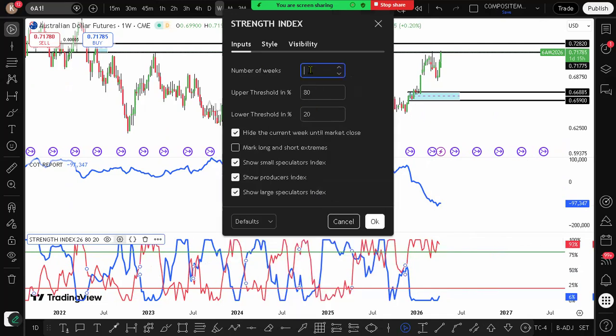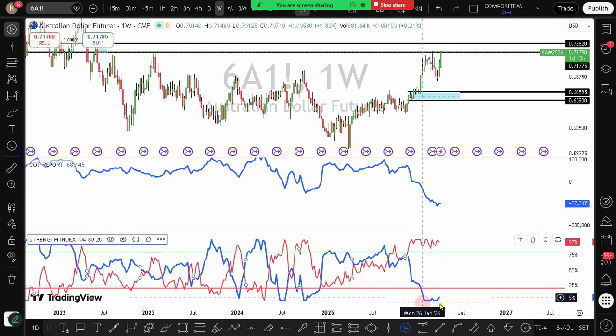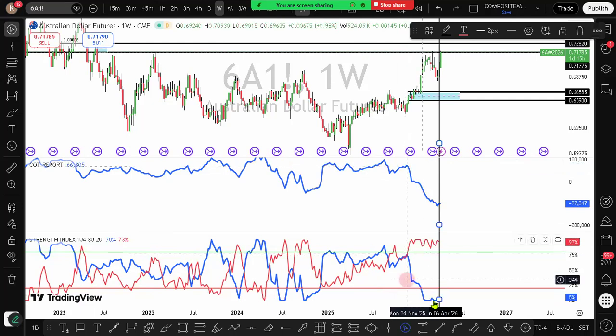I can easily go back the last 2 years, and when I look at the 2 years, you see commercials remain bearish. So to save time, look at this 2 years. Commercials are bearish. On the index, they are extremely bearish.